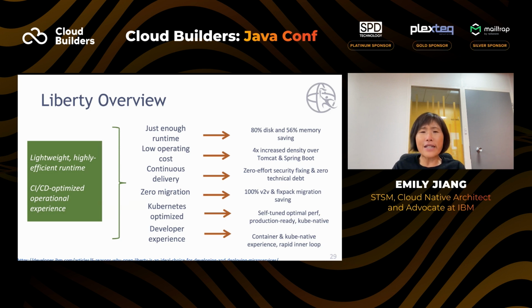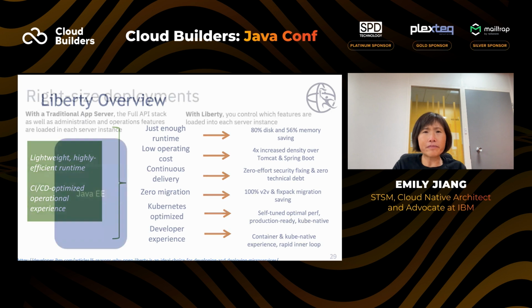It is also Kubernetes optimized, with a self-tuned thread pool, and Kubernetes native, so it works really well with Kubernetes. It also has many nice tools to boost the developer experience.